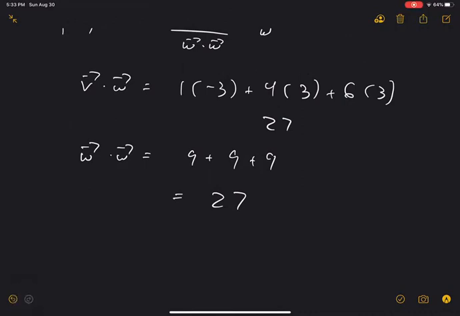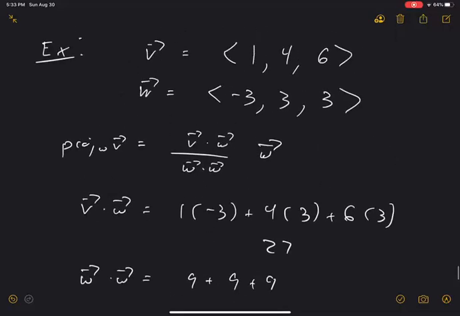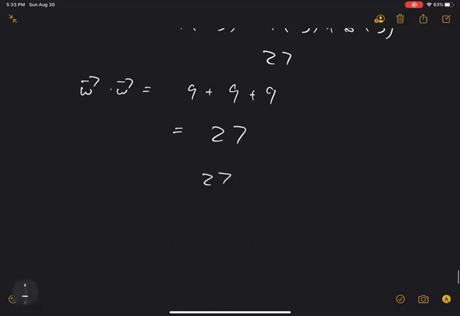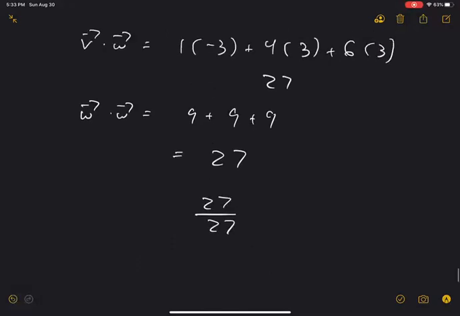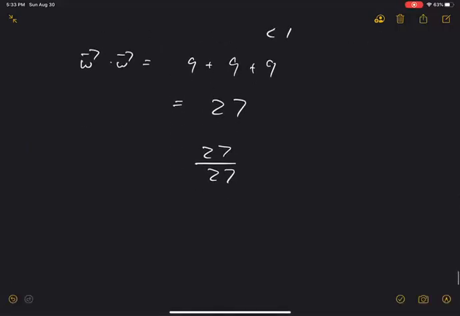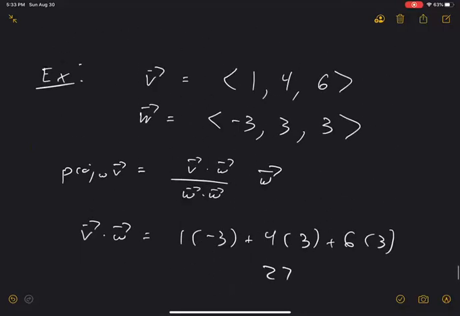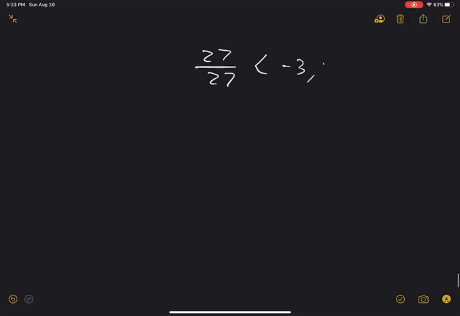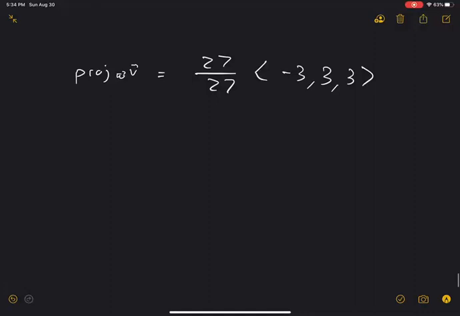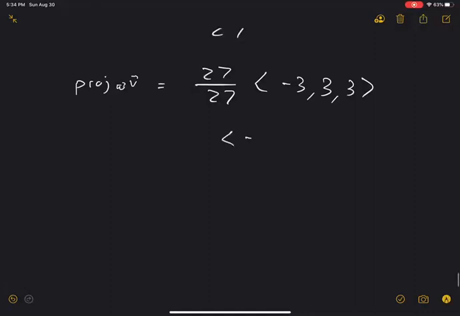Yeah, okay. So I just randomly picked numbers that cancel out. So V dot W over W dot W is 27 over 27. And then I multiply by the vector W, which is negative 3, 3, 3. So this is my projection of V onto W. Okay, simplifying 27 over 27 is 1. And I just end up with that same vector W.